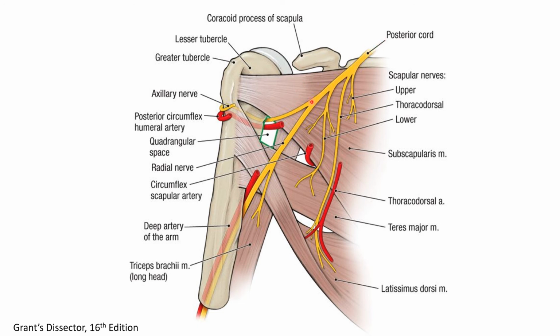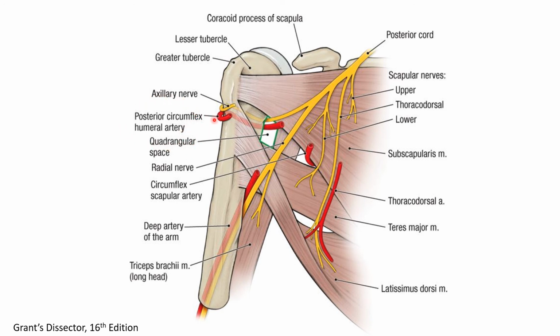And what you'll see here, so as we were looking at the axillary artery, we saw the anterior and posterior humeral circumflex artery given off. Well, this is where you'll see it right here, deep, and you'll see it pass around to the posterior side in the quadrangular space.